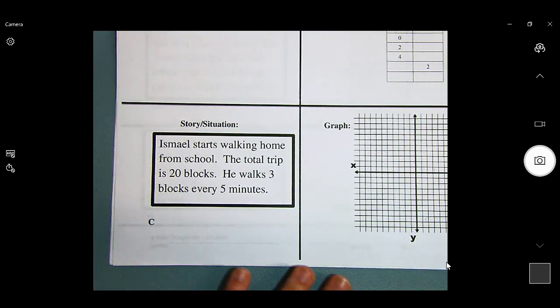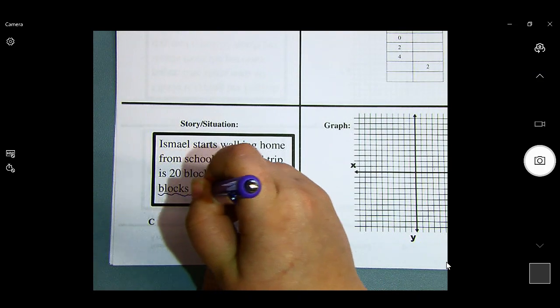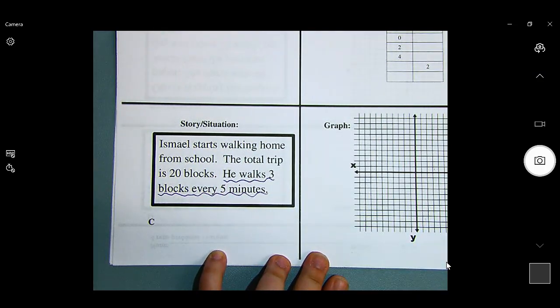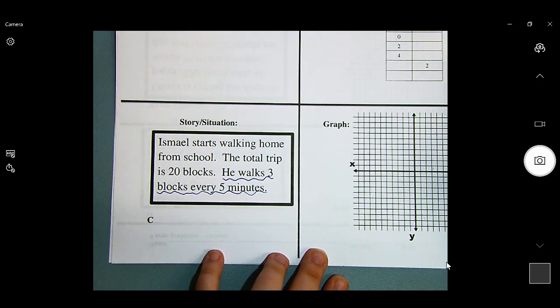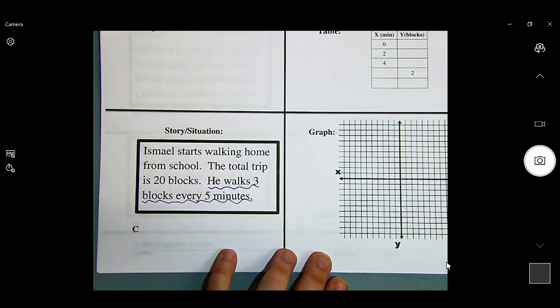Now this one is also a little bit different because it says he walks 3 blocks every 5 minutes. This is something we're going to be getting into a little bit more starting in our next workbook.